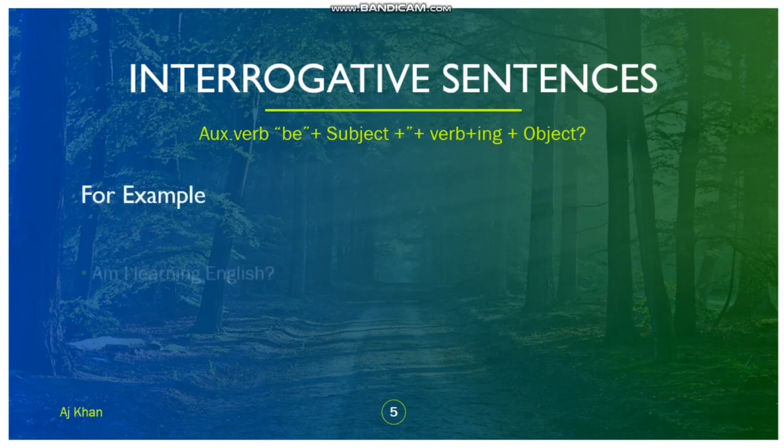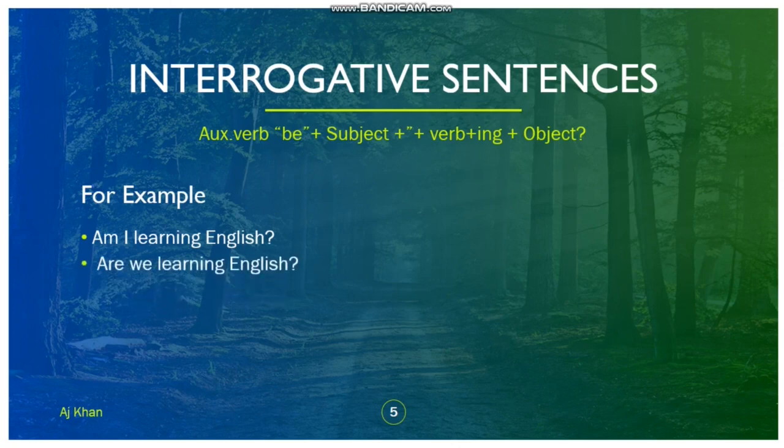For example, am I learning English? In this sentence, am is the auxiliary verb, I is the subject, learning is the present participle, and English is the object. The question mark is the indication of interrogative sentences. The second example is: are we learning English? So student, that is all about the structure of present continuous tense.